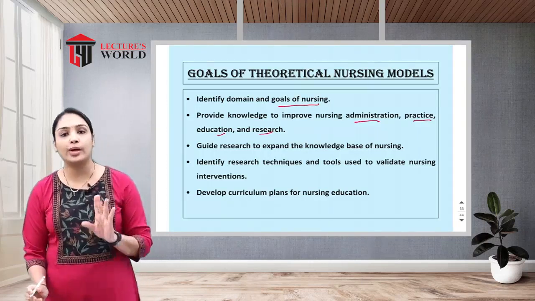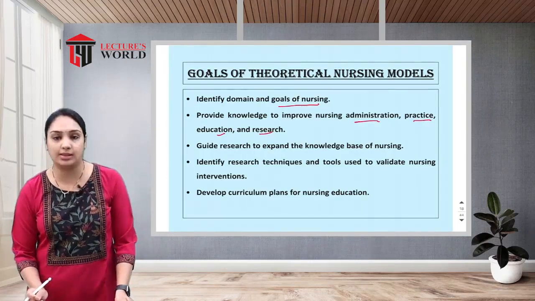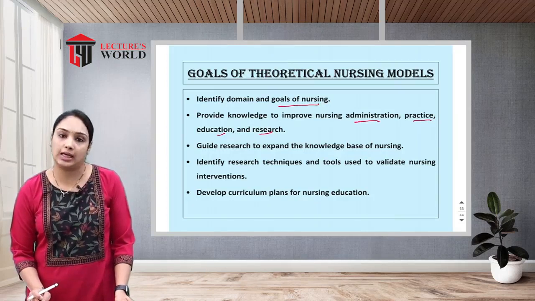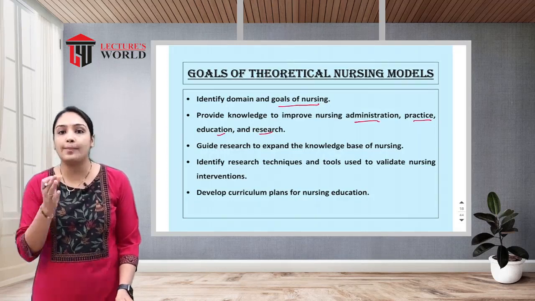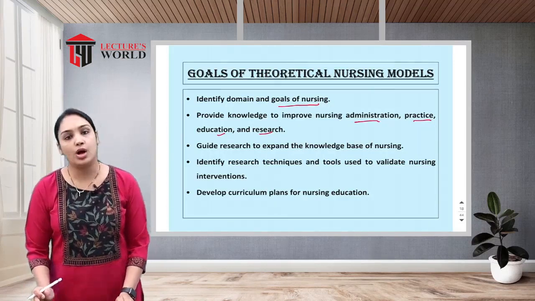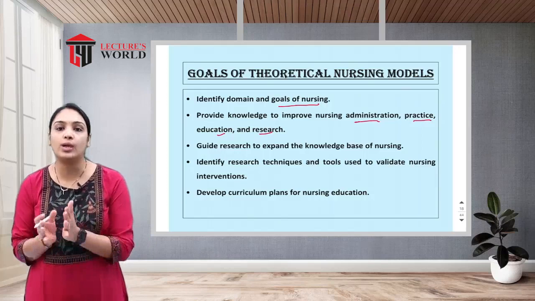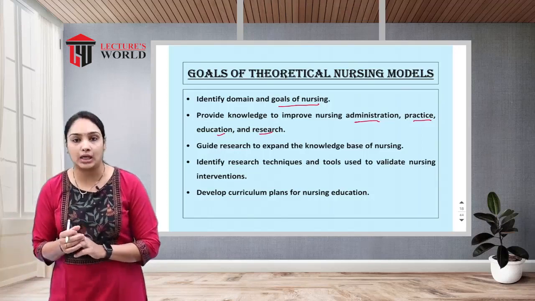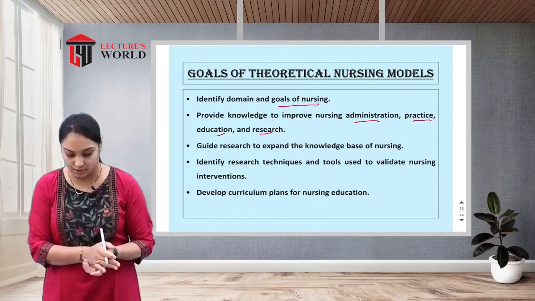Mainly there are 4 important areas in nursing: administration, education, practice, and research. With the help of these theoretical models, they can provide knowledge to improve these 4 areas.